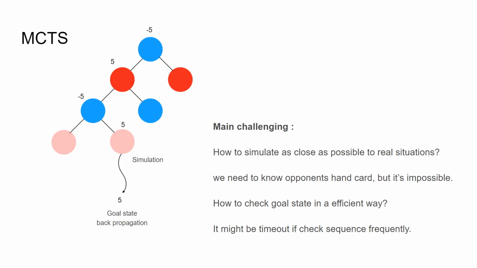Although this technique is easy to apply in the game, there are some issues that need to be conquered. The first is the precision of the simulation. How do we simulate as close as possible to the real situation, because we don't know what cards are in the opponent's hand?